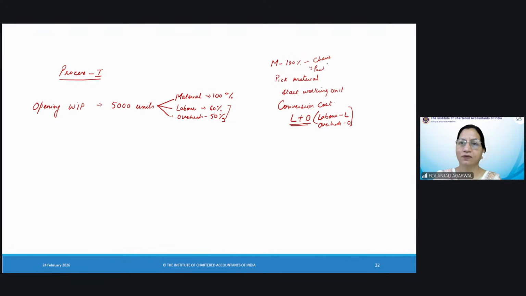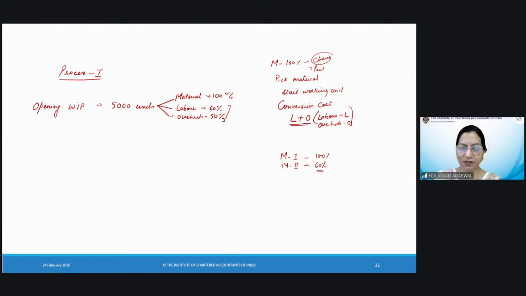So material one is 100% because you picked up the chair and started working on it. But the paint is applied as and when you are working. So maybe material two is also, we can say, 60% complete.